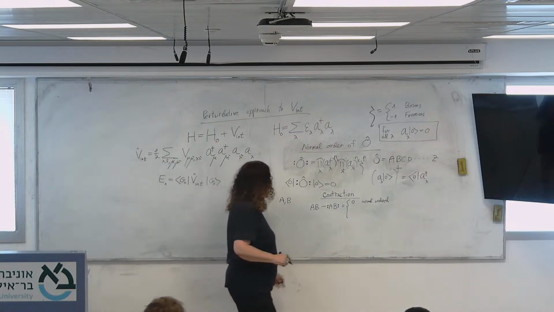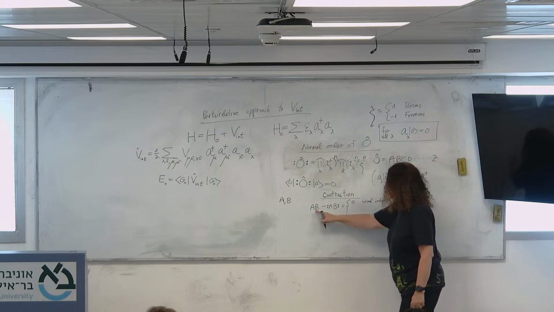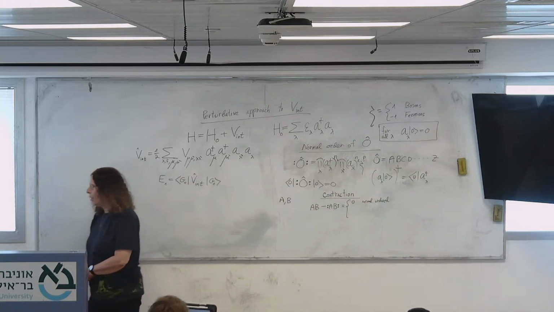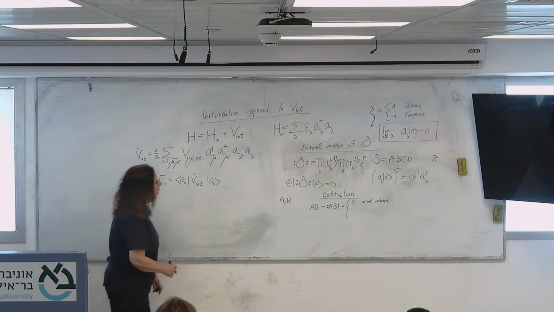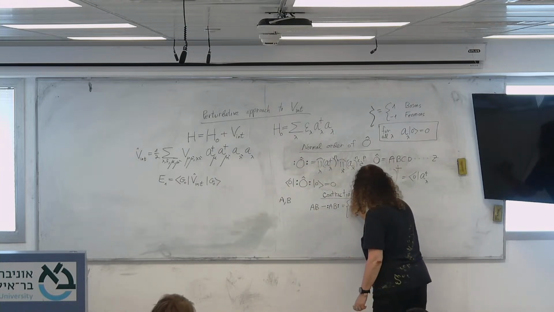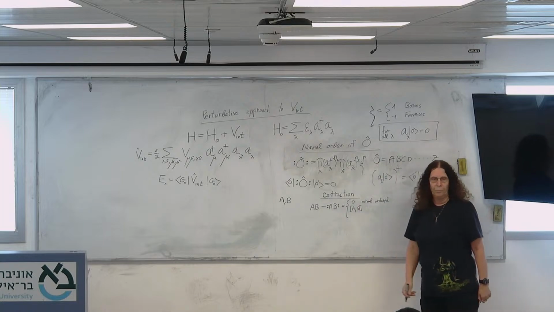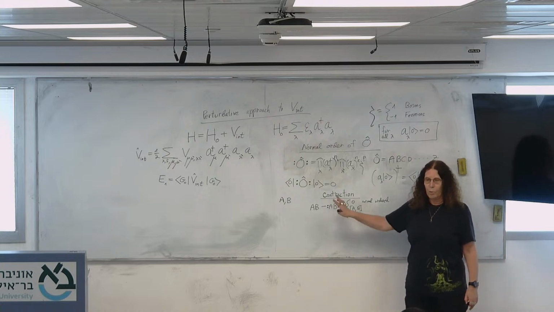Okay, so if A and B are, wait, is that right? Yeah, if A and B are bosons, this is going to be just the commutator, right? Okay, because if they're not normal ordered, I need to switch them.